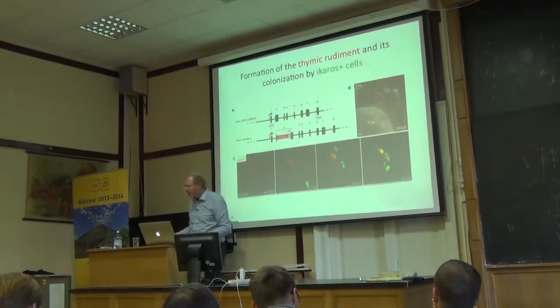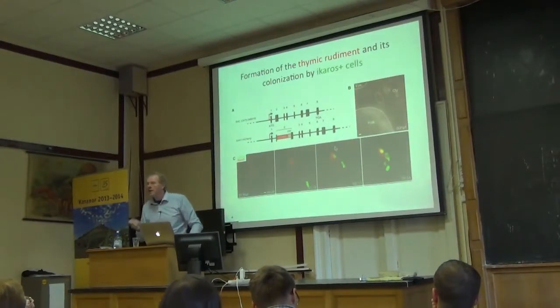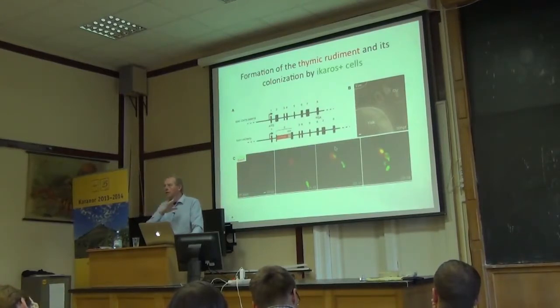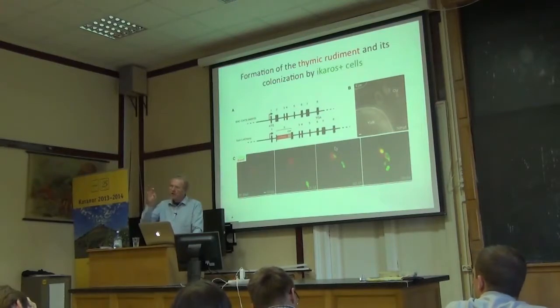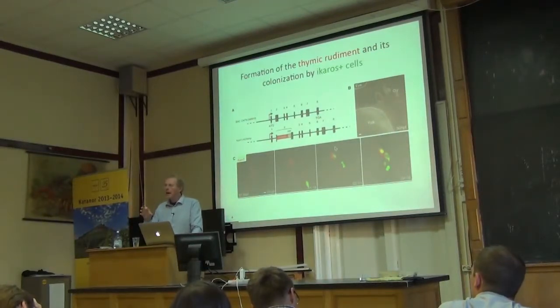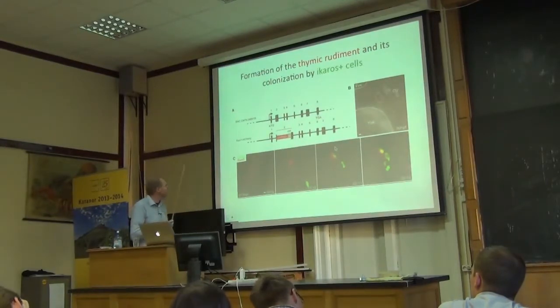The thymic epithelium originates from the pharyngeal endoderm of the third pharyngeal pouch in these lower vertebrates and also in mice and human. So it's a specific location in the pharyngeal endoderm that assumes the role to build the thymic microenvironment. It's epithelial, it's endoderm, and it sends these signals that attract these lymphocytes.